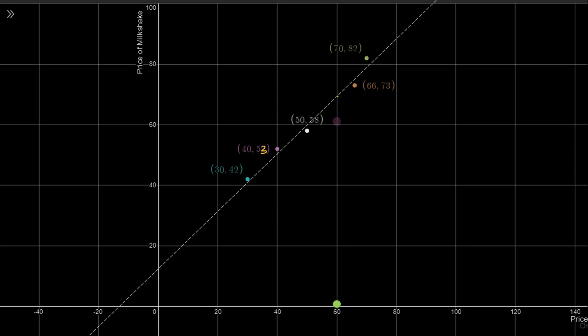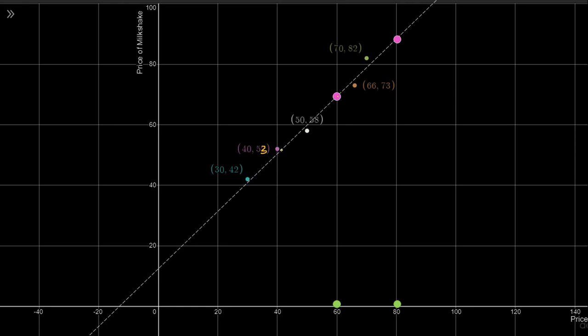If the price of milk is 90, please note that you don't actually have any data for it, but using this approximation or estimation, you can foretell that the price of milkshake is going to be something like 90. So this is the line that fits the data best.